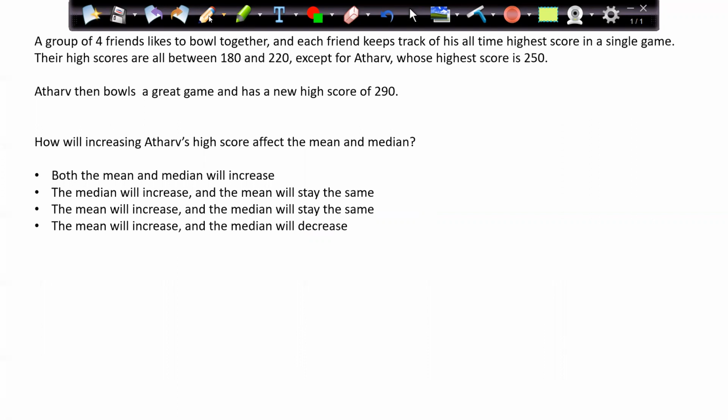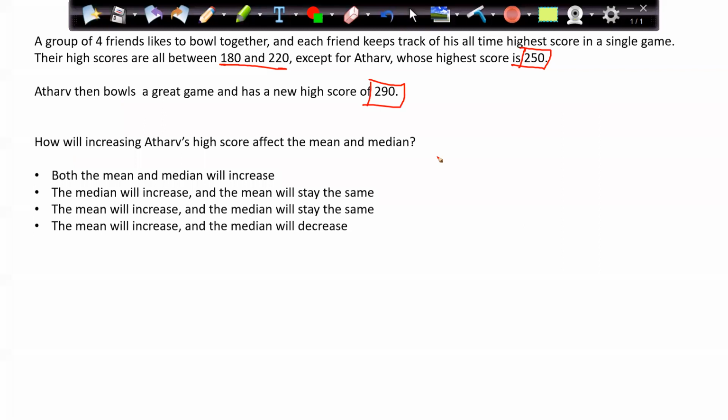Their high scores are all between 180 and 220, except Athar, whose highest score is 250. Athar then bowls a great game and has a new high score of 290. How will increasing Athar's high score affect the mean and median?